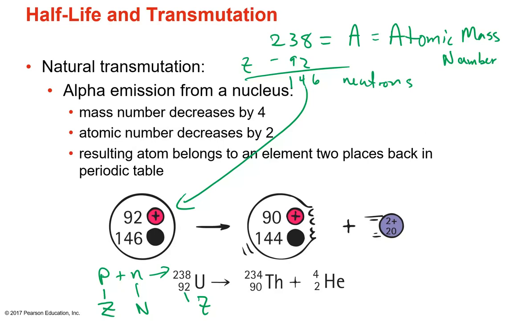So you know it has 146 neutrons because you can take the difference in the superscript and the subscript, and that tells you how many neutrons are in the nucleus.